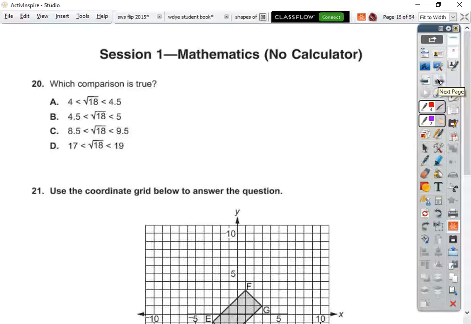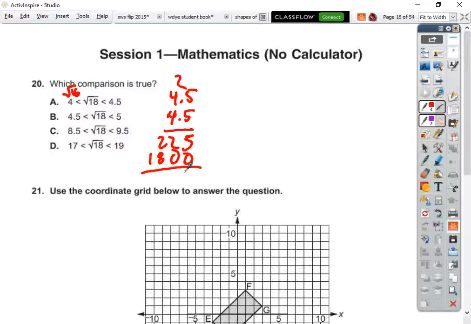All right, number 20. Which comparison is true? Let's turn them all into perfect squares. All right, so that's the square root of 16, 4. Let's look at the other side. Fine, 4.5. So multiply these out together. 16 plus 2 is 18.